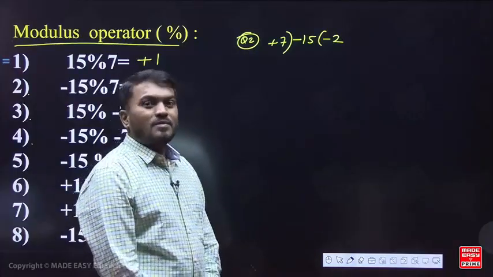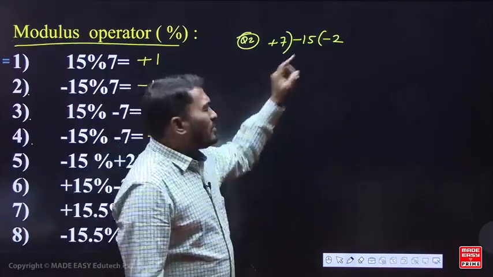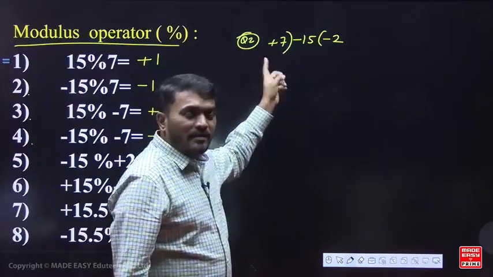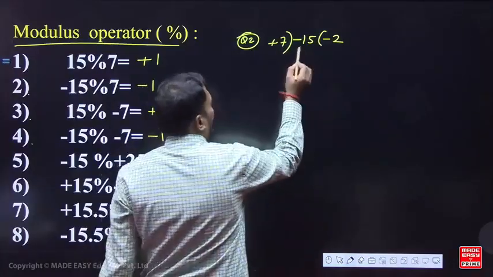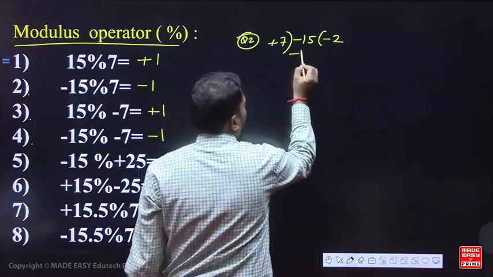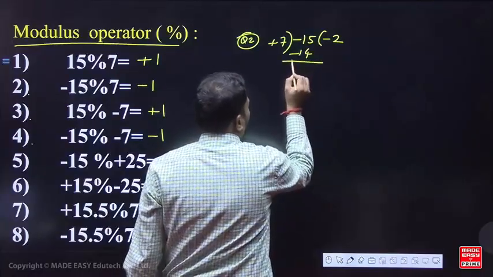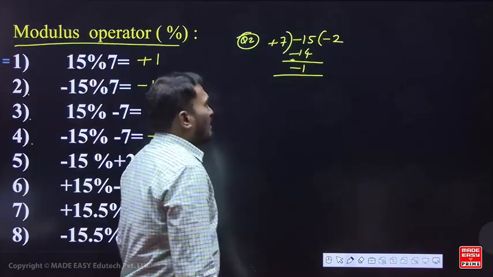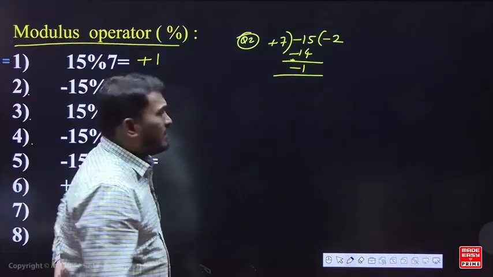Remember, that is minus 2 times. Why? Because plus into minus is what? Minus. So plus into minus, minus 7 times 2 is what? 14. So what is the value of this? Minus 14. And if I subtract, that becomes plus, then what is the answer? Minus 1. Yes or no?